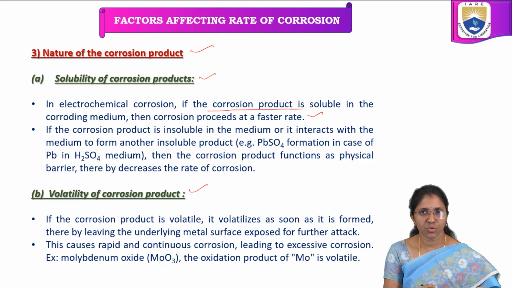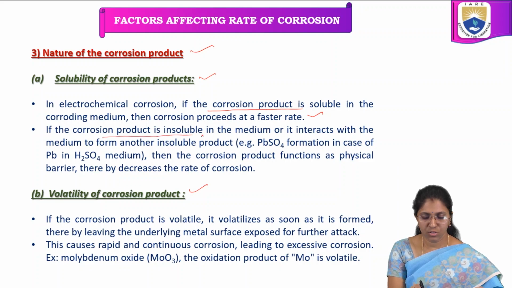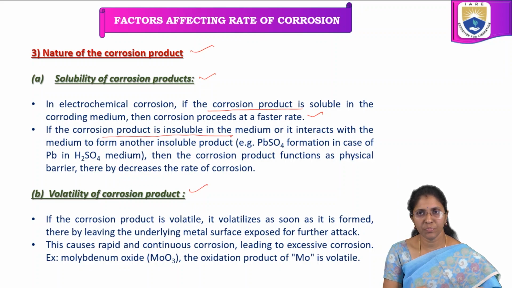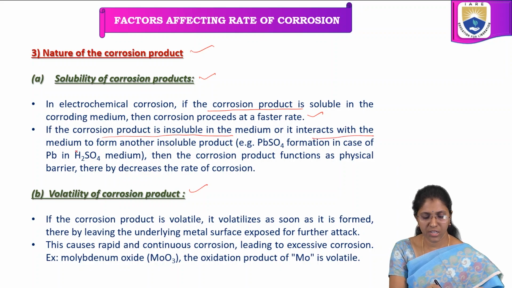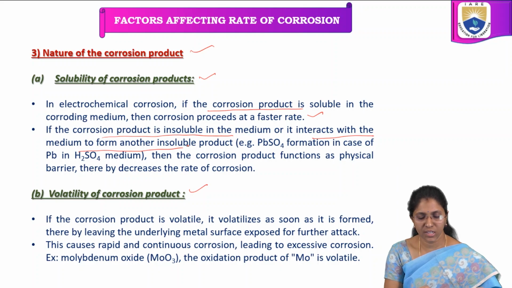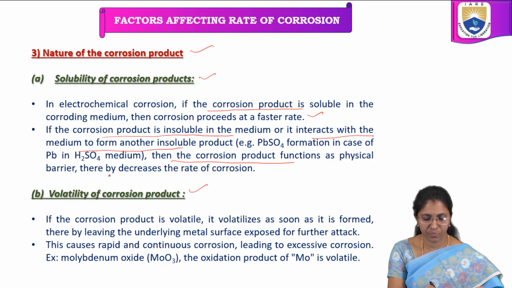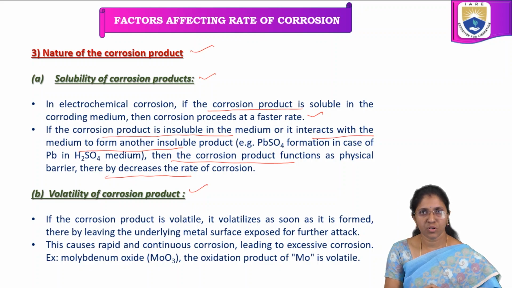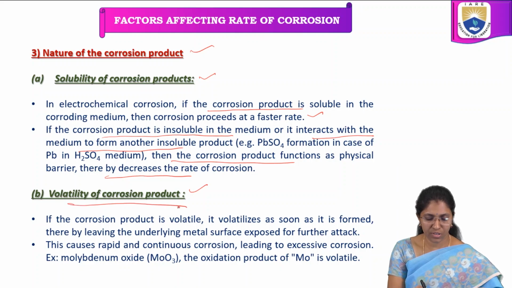If the corrosion product is insoluble in the medium, or interacts with the medium to form another insoluble product, it functions as a physical barrier. It acts as a protective layer to the metal and decreases the rate of corrosion, so the metal does not undergo further corrosion.